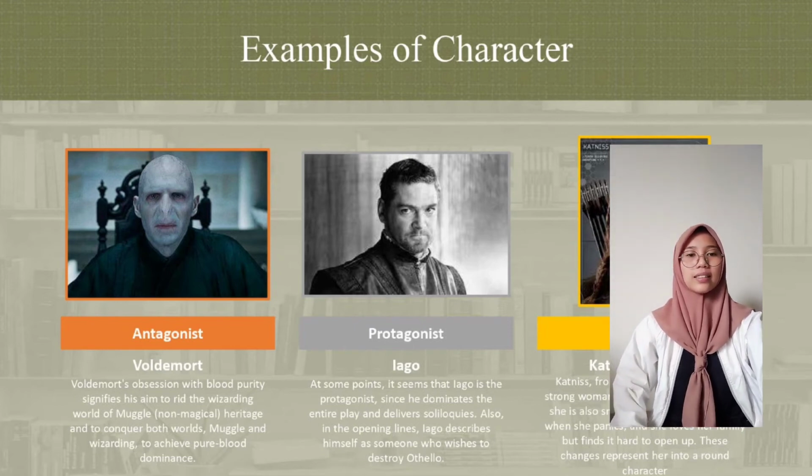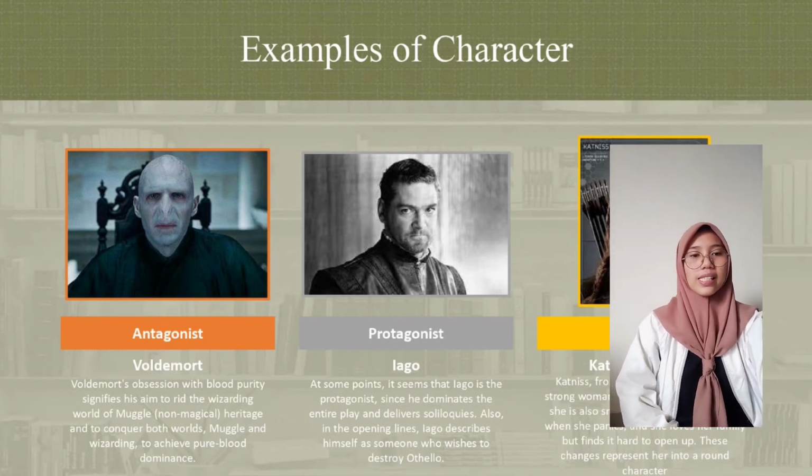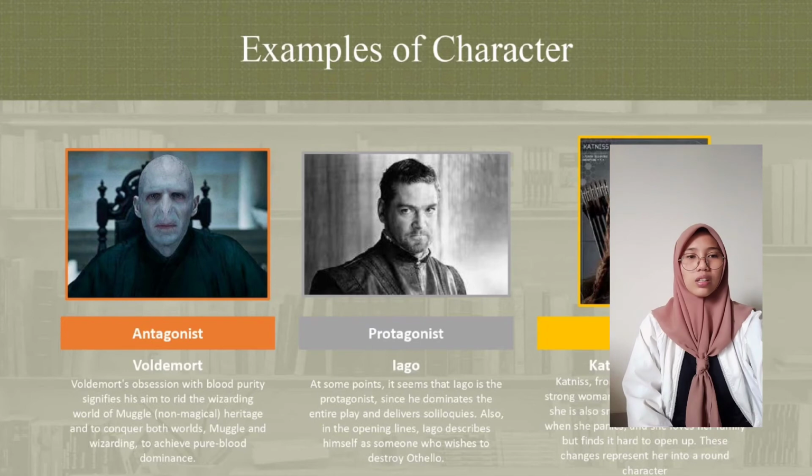The second, protagonist. Here there is Iago. At some point, it seems that Iago is the protagonist, since he dominates the entire play and delivers soliloquies. Also, in the opening lines, Iago describes himself as someone who wishes to destroy Othello.